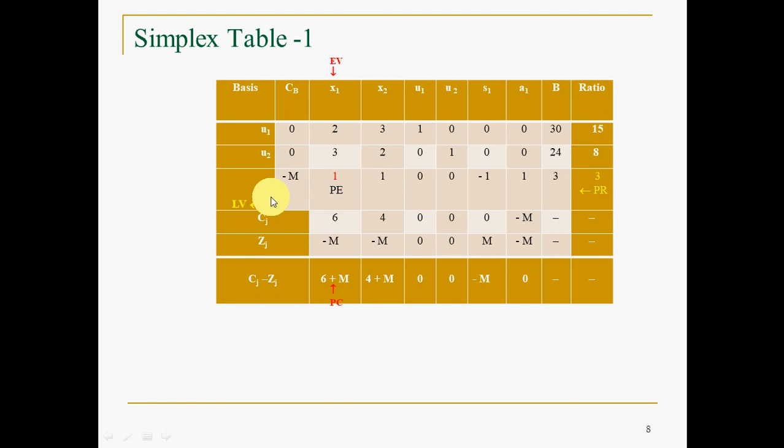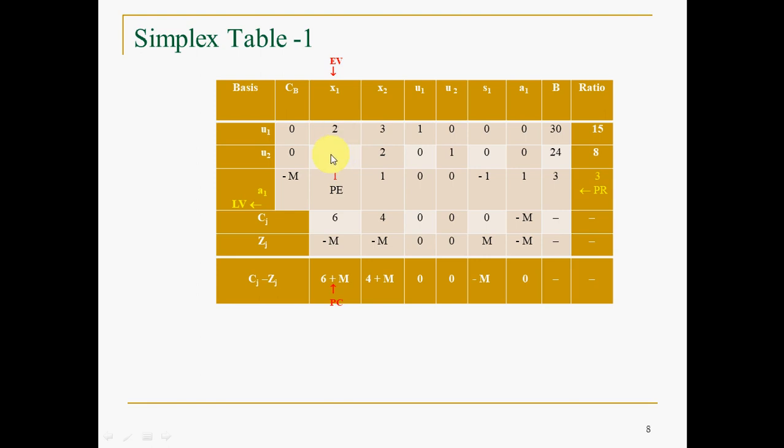In that process, the artificial variable will be eliminated, no? That is our requirement also, of course. Fine. And you have to keep the pivot element as unity, or 1. And all other elements of the pivot column, for example this and this, you have to nullify by using row operations.